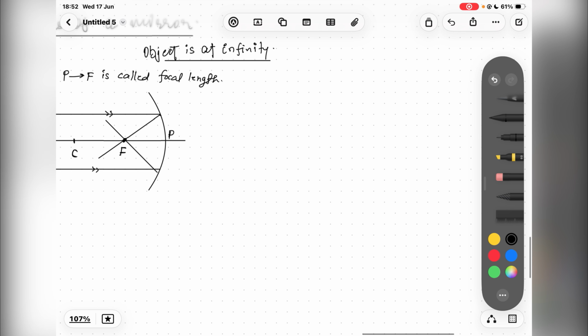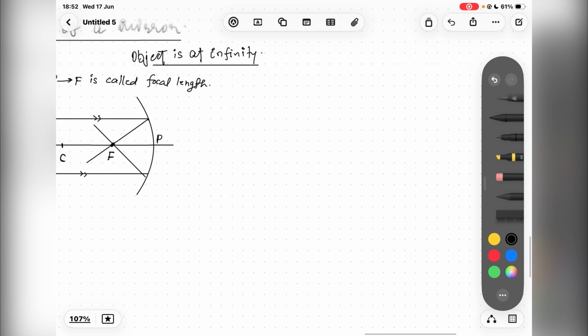Let's see the same thing on a convex mirror.